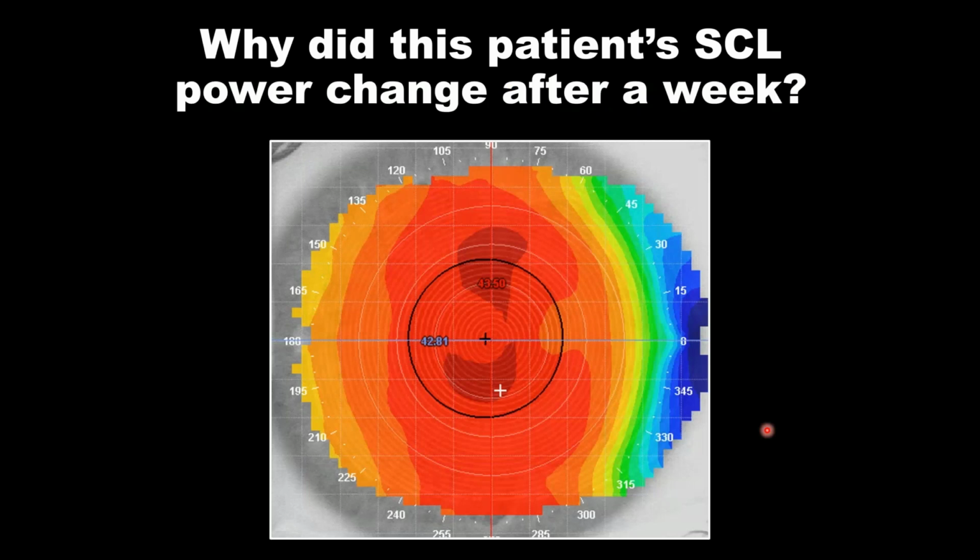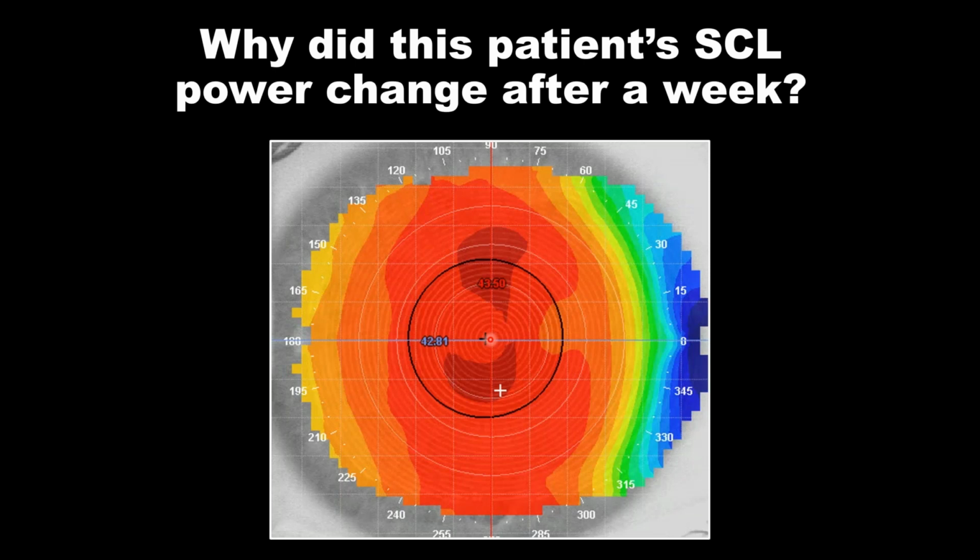Now, what about soft lenses? Can this apical radii be used in some way with our soft contact lens fits? And absolutely it can. If you click your power right in the center of the topography, you can see what the radius was before you fit the soft lens, and you can compare that to after the soft lens wear. Now, this patient had an alteration in their overrefraction on the lens over a week, and we couldn't understand why.